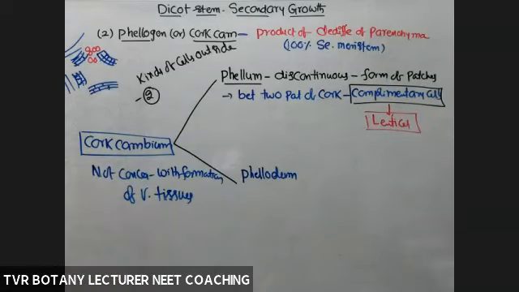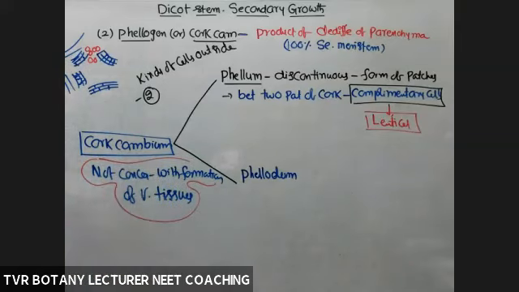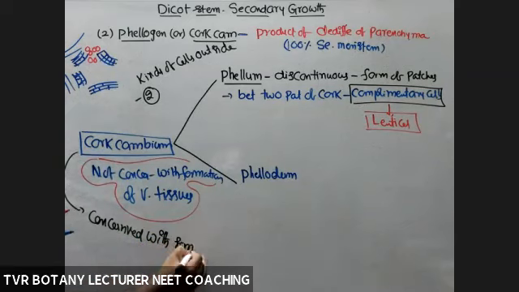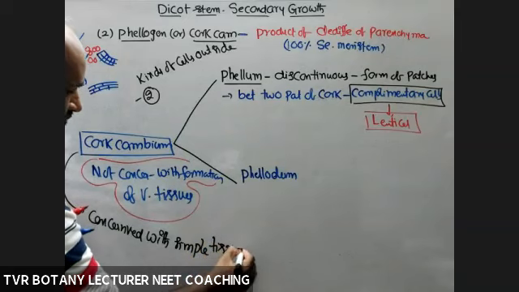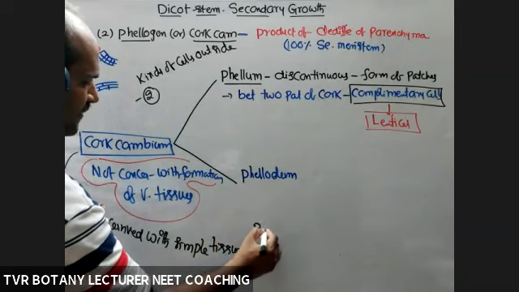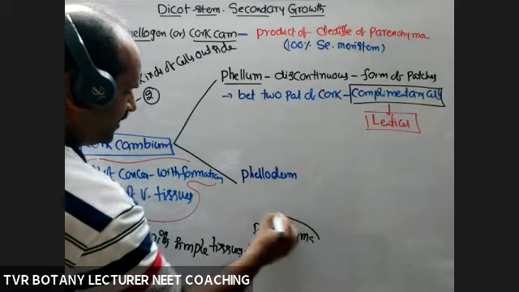If it is not concerned with formation of vascular tissues, definitely it is concerned with formation of simple tissues only. What are those simple tissues? Simply go for parenchyma. Parenchyma only.